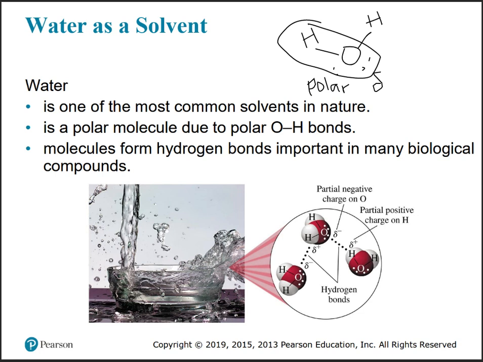So there's a partial negative next to the oxygen, and there's a partial positive next to both of the hydrogens. That little funky delta with the plus or minus, that's a partial positive or partial negative.